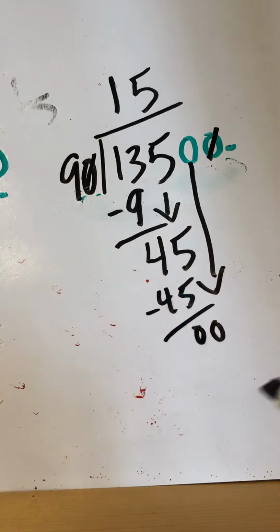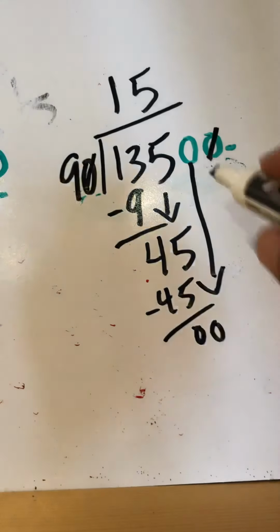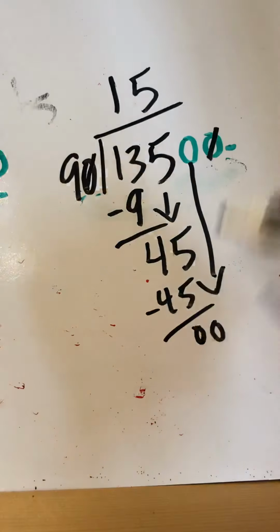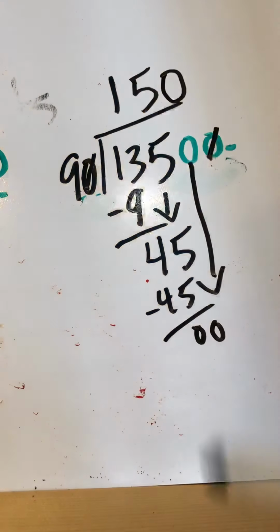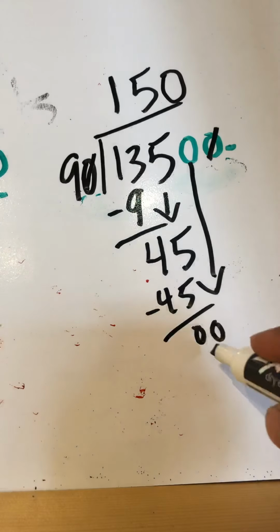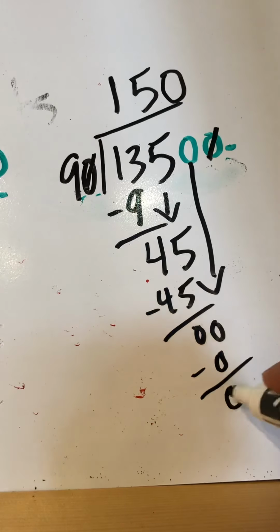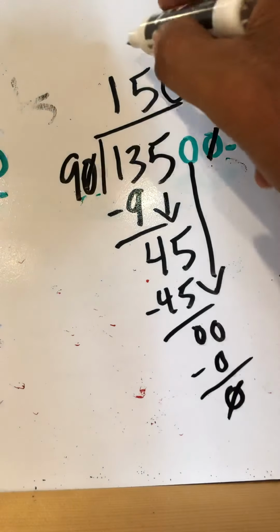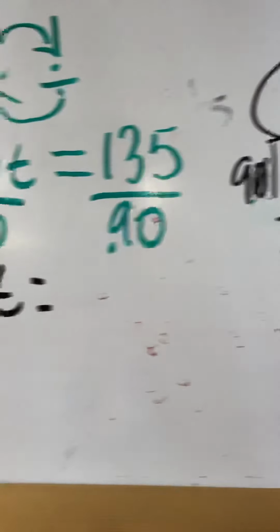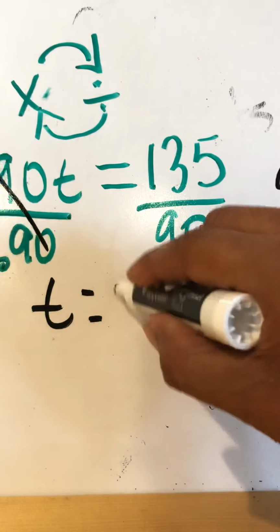Just because there's a 0 there doesn't mean I ignore it, right? I still drop it and I still divide, which obviously it goes in. 9 goes into 0, 0 times. Well, that 0 got canceled, which means I don't have to drop it down, right? So we are done dividing, which means T equals 150.